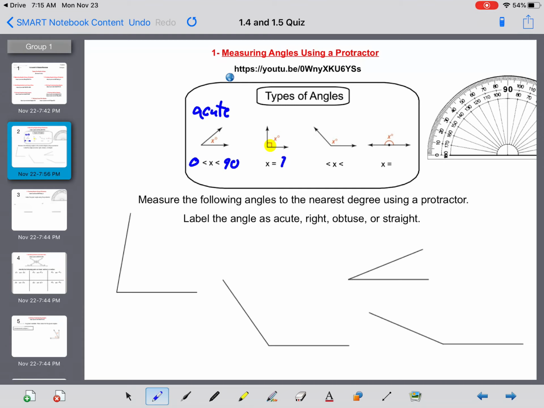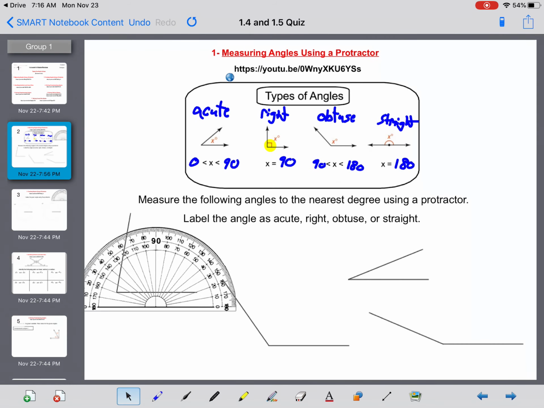That means that X is 90 degrees. Those are right angles. Next one, if X is in between 90 and 180, those are obtuse. And lastly, if you have a straight line, that means your angle is 180 degrees. That's a straight angle.